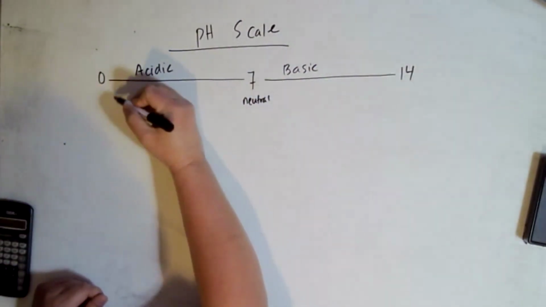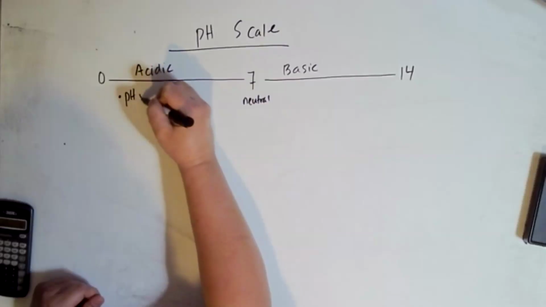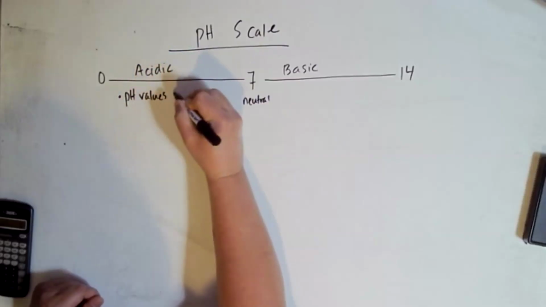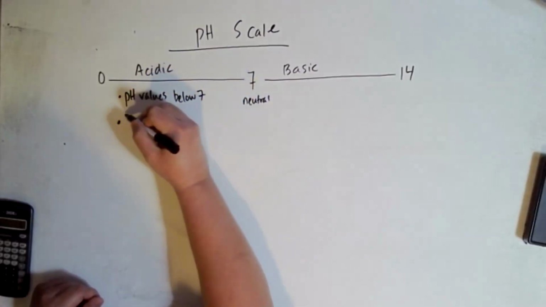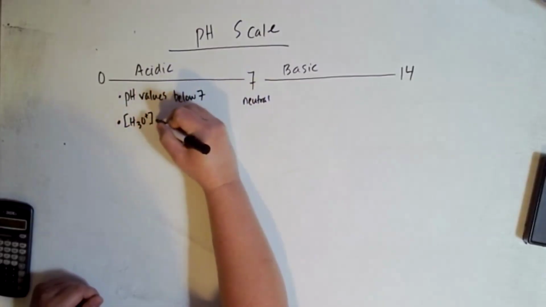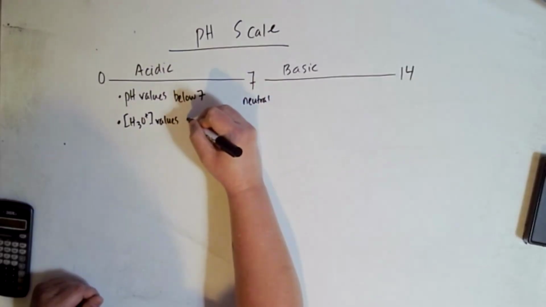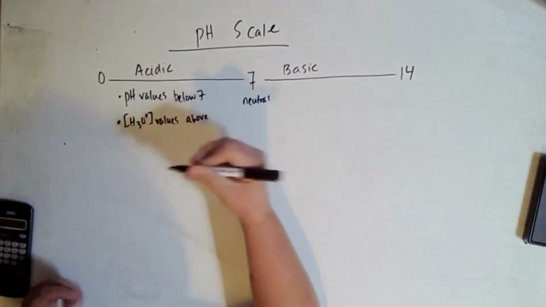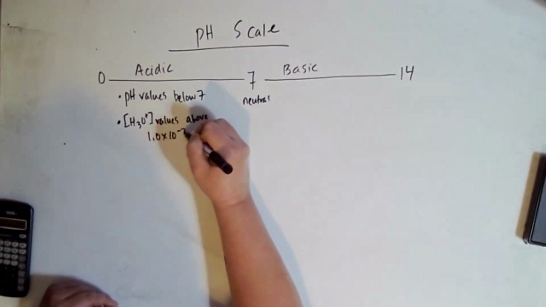So when we're acidic, we're going to have pH values below 7, and we're going to have H3O plus values greater than 1 times 10 to the negative 7.